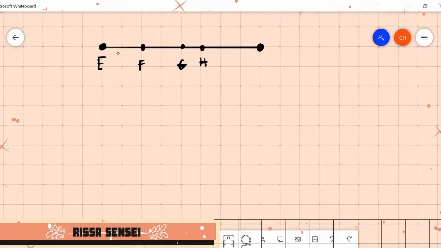The whole segment measures, let's say, 15 units. The whole segment measures 15 units.